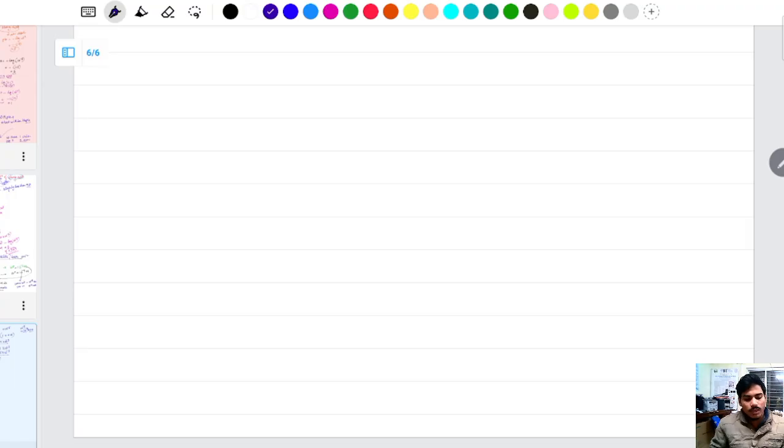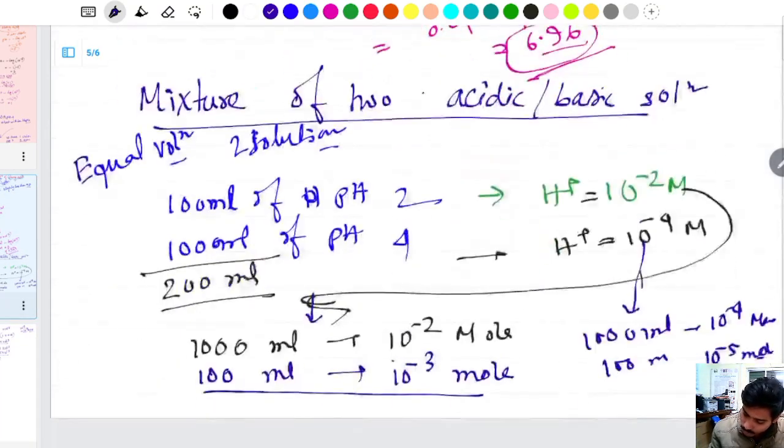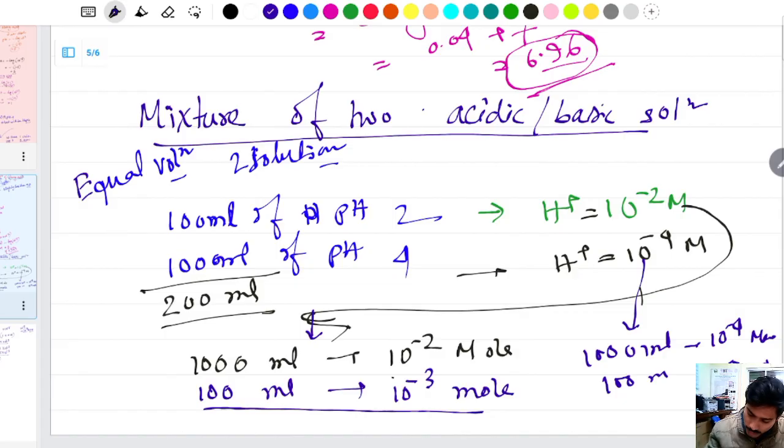Let's talk about, for that kind of question, you can make another question like 500 ml of pH 3 and another 500 ml of pH 4. How can it be solved? Basically you have to go through that kind of problem. So like 10 to the minus 3, 10 to the minus 4, then what will happen?